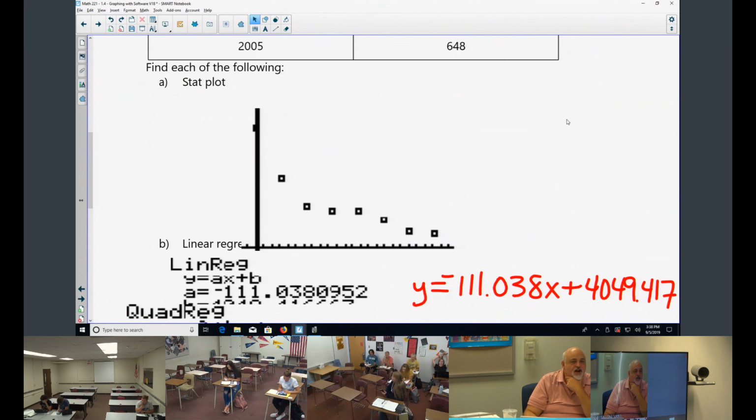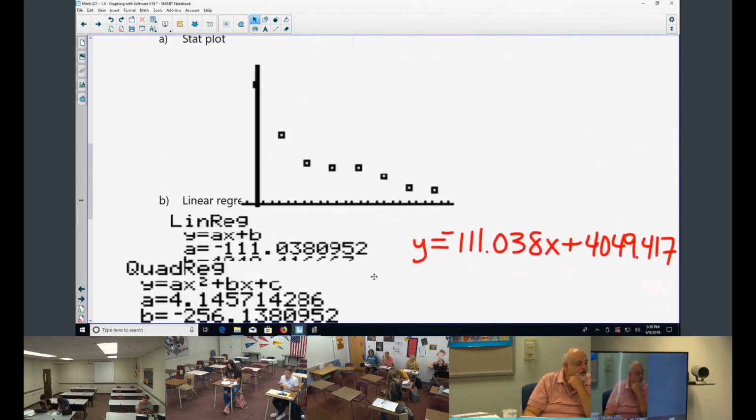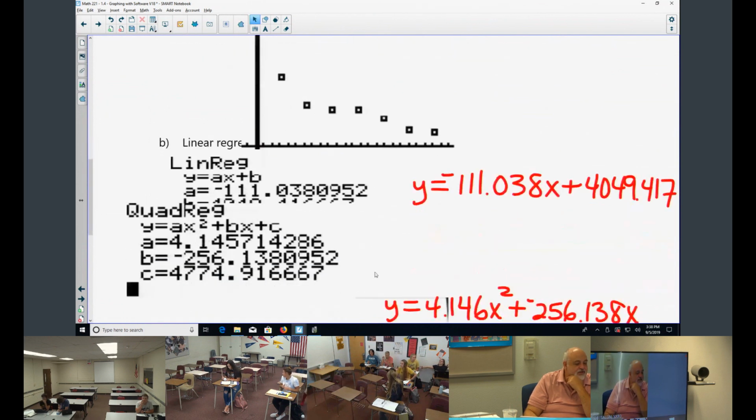So what did you get for your A? A equals 4.14. Okay, so that's going to be it.